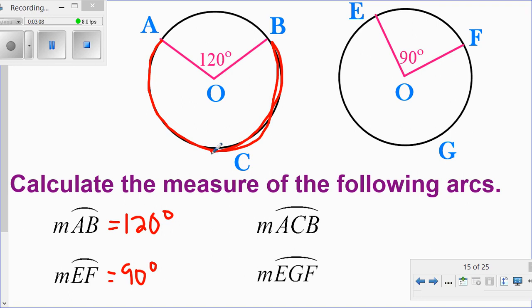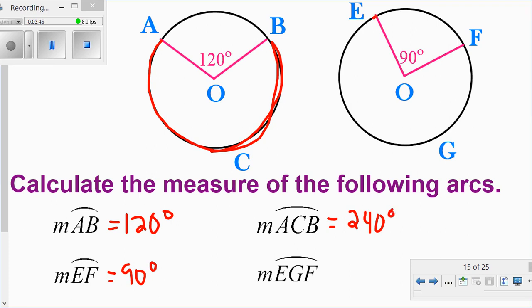If the whole circle measures 360 degrees and the central angle, angle AOB, measures 120 degrees, then 360 minus 120 leaves me with 240 degrees for the angle created here. If the angle is 240 degrees, then so is the intercepted major arc. So that's 240 degrees.